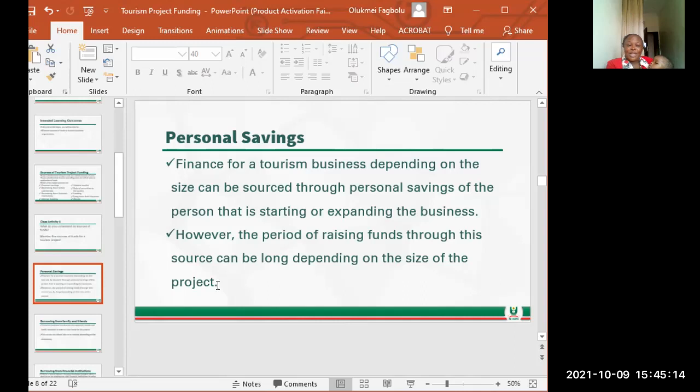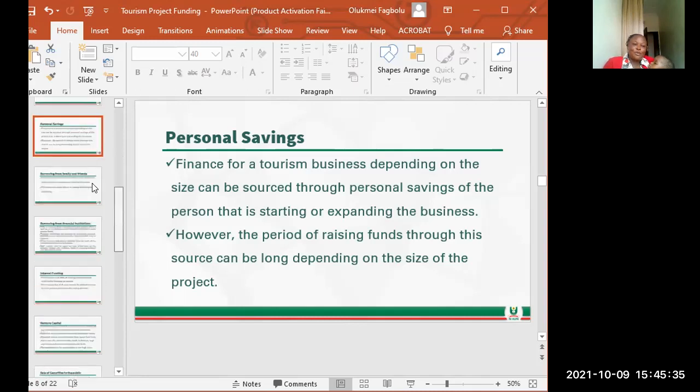Those ones I mentioned are capital oriented. So personal savings is good for small businesses, but not for big businesses. If you want to save using personal sources for a big business, it's going to take a very long time.